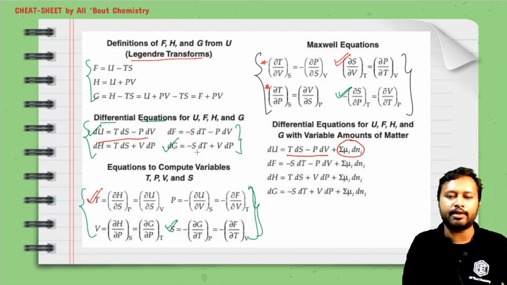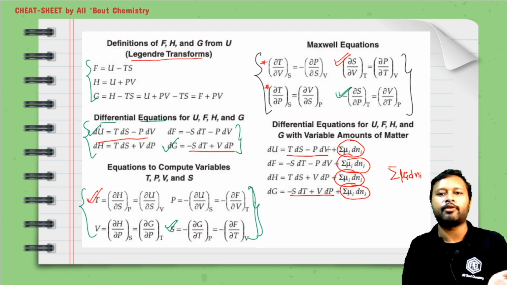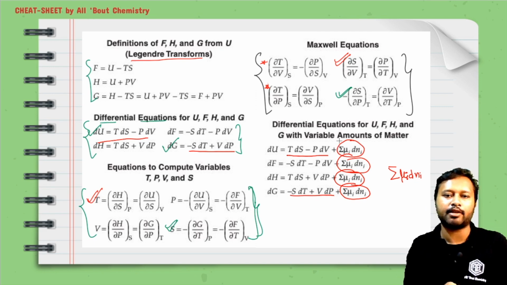Then here dH is minus SdT plus VdP, and dH is minus SdT plus VdP plus this parameter. So in all of them, this parameter is added, that is sigma mu i dn i. That's what you have to do in the differential equations. You just have to add this parameter to get the equation in terms of chemical potential, or for the variable amount of matter.